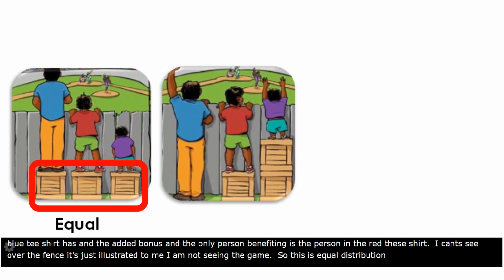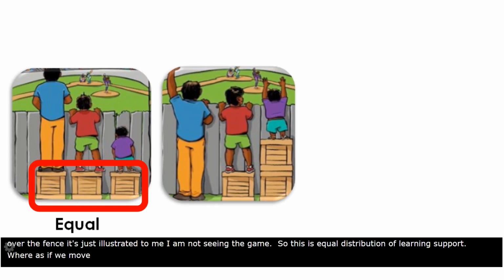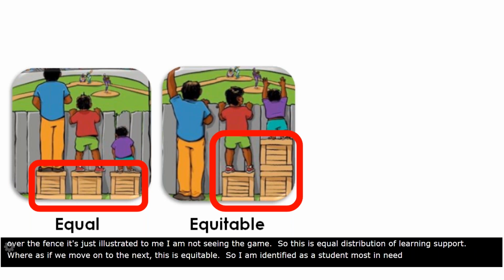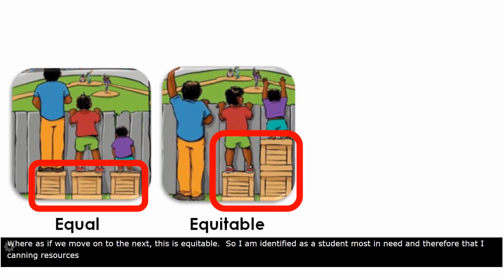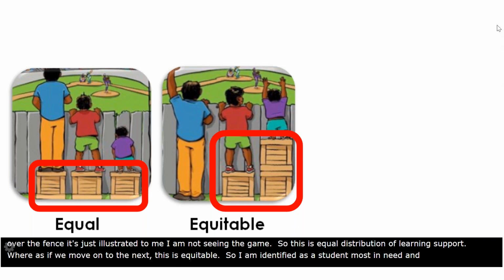Whereas if we move on to the next, this is equitable. I am identified as the student most in need, and therefore resources are taken from one individual and allocated to the most in need individual. Now, how can this be wrong?